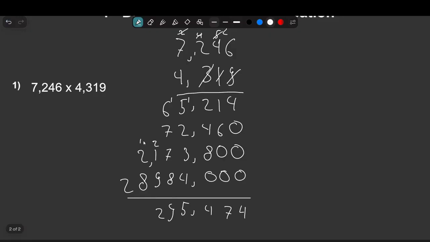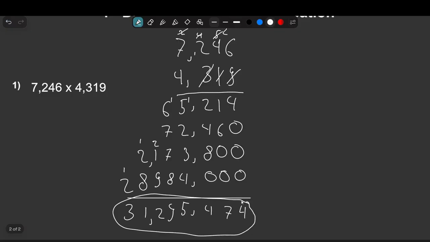So now we got 1 plus 2 equals 3, plus 8 equals 11. So we're going to write the 1 down here, and carry the 1 over, and 1 plus 2 equals 3. So this will be our final answer. 31,295,474.